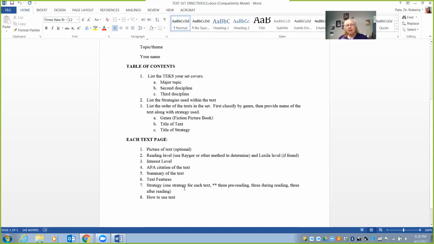Okay. And then your textbook, your state adopted textbook. I don't have one in my hand to show you, but it will be listed as your text. I mean, that's your center one, and you want to document it. Now, that one you do not need to use a strategy list, because in reality, you have 10 texts.